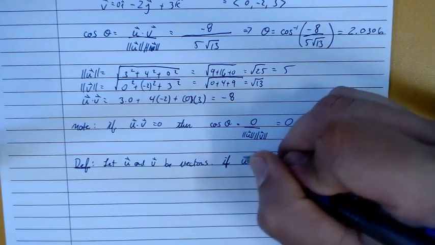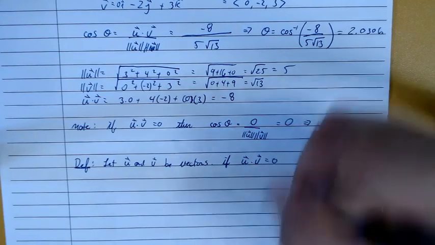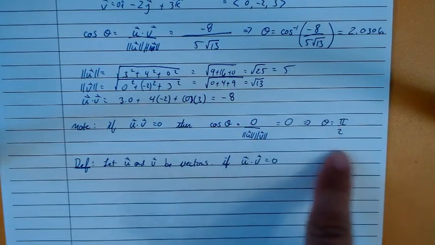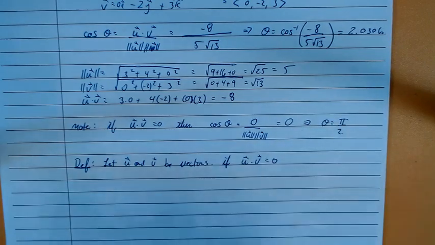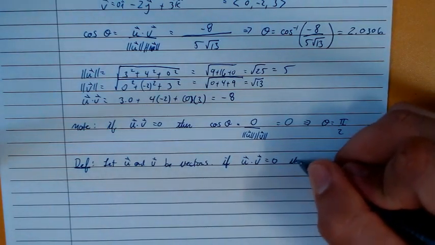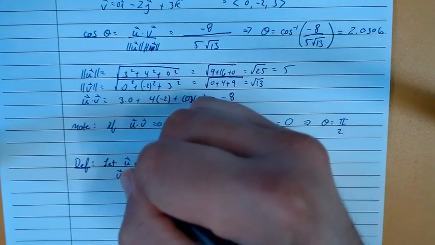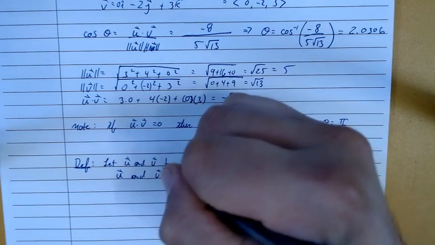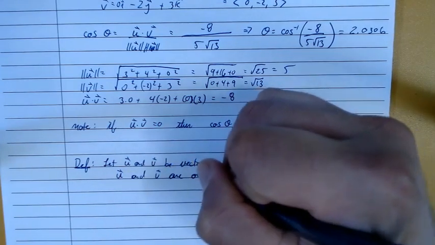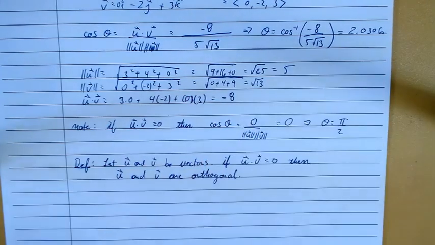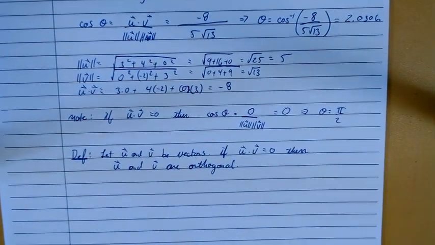If the dot product of u and v is equal to 0, then that means that the angle between them will be pi over 2, will be 90 degrees. We say that they are orthogonal. u and v are orthogonal. Geometrically, you can think of that as being they're at a 90-degree angle.